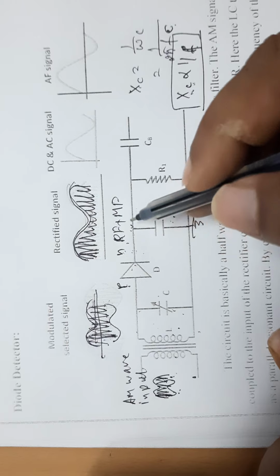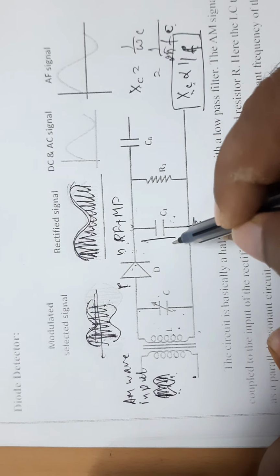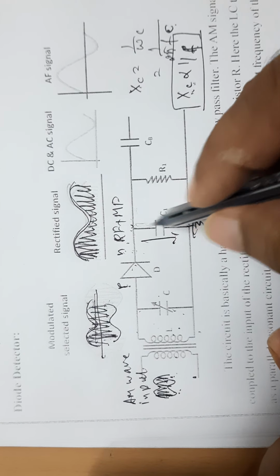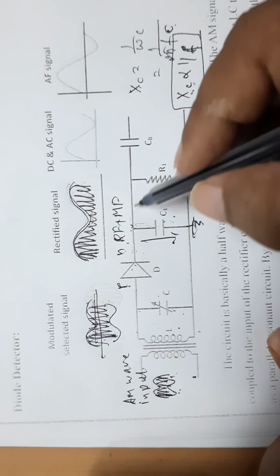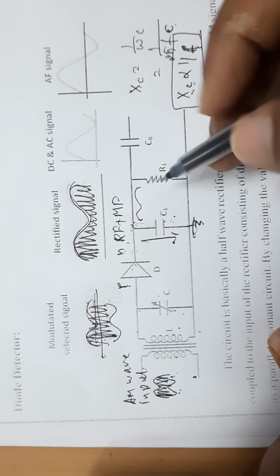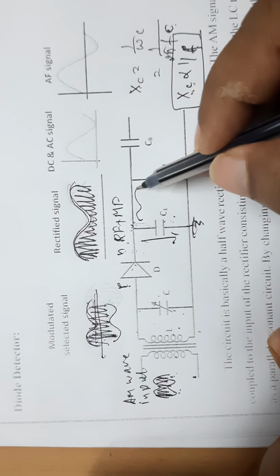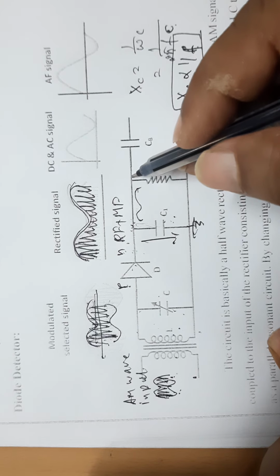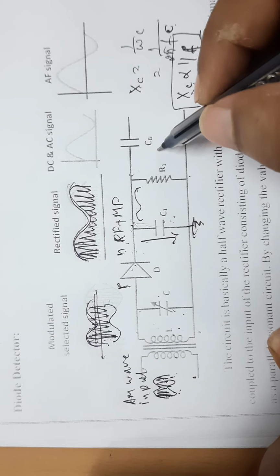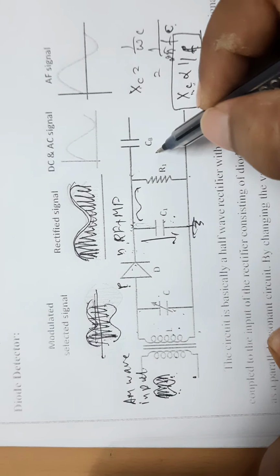This radio frequency, the high frequency, is bypassed to the ground through this capacitor, and here you get the low signal frequency. This low signal frequency current, after passing through this R, gives a voltage, that is our message signal voltage.